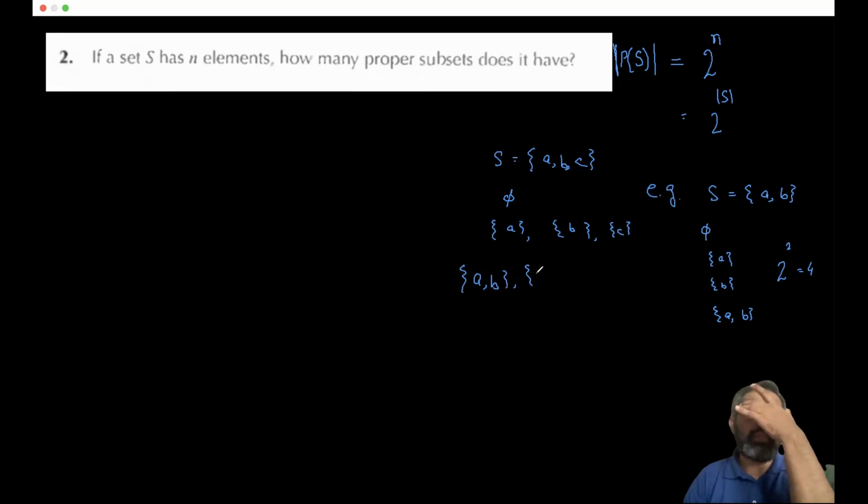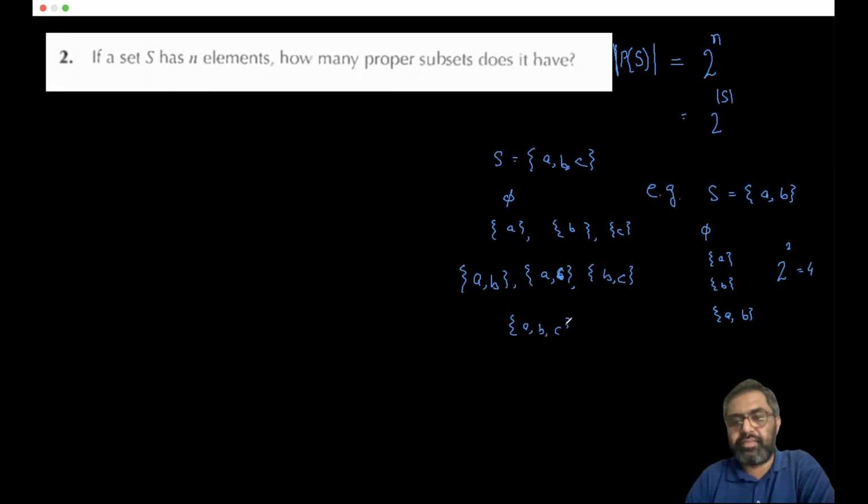Remember, in sets or subsets, order doesn't matter, but we have all different combinations. So AB, AC, BC. So these are 3 sets with 2 elements. And the last one is the 3 element set A, B, C. So we have 1, 2, 3, 4, 5, 6, 7, 8. 2 raised to power 3 is equal to 8. It's quite straightforward.